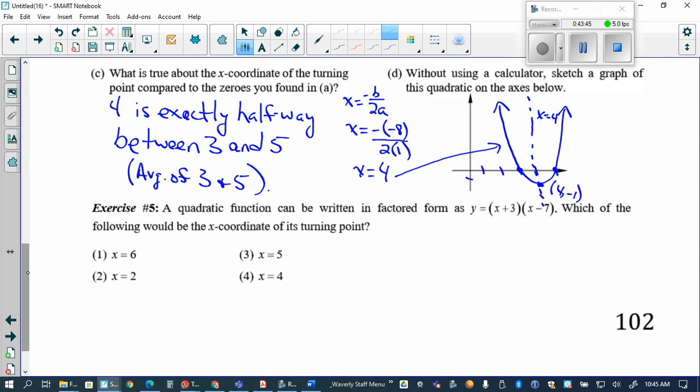The x-coordinate of its turning point, vertex, or the equation of the axis of symmetry. Now, let's solve this. Find the roots, because we know that the axis is going to be halfway between them, right?